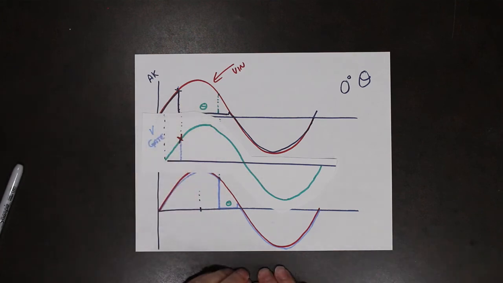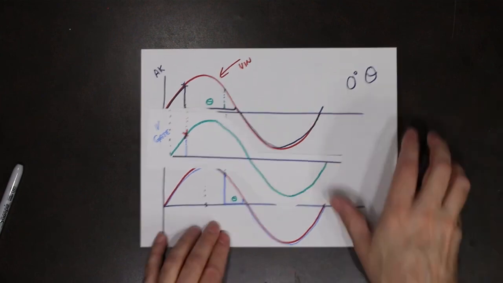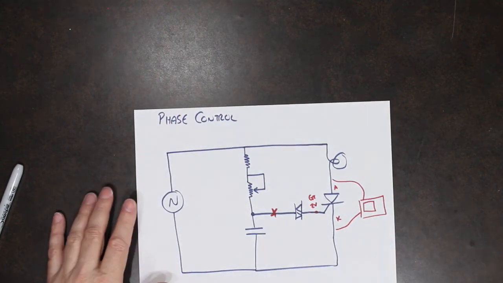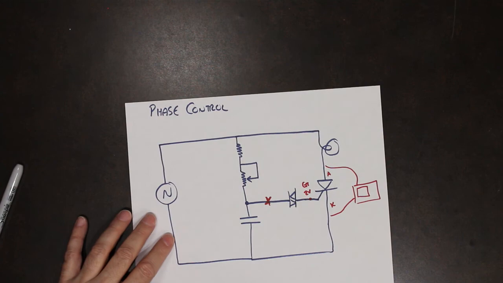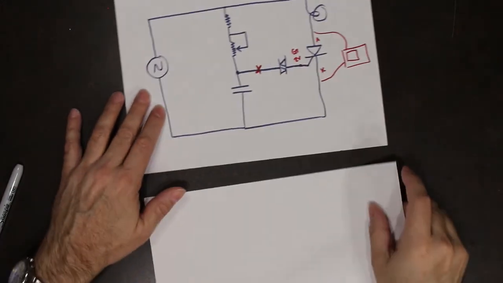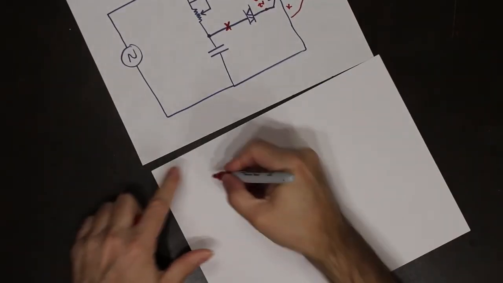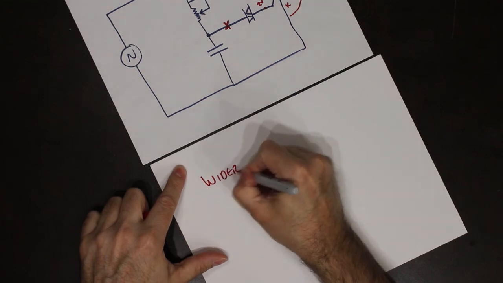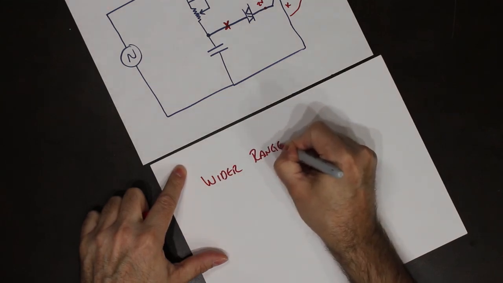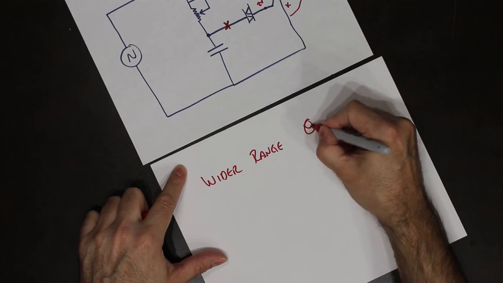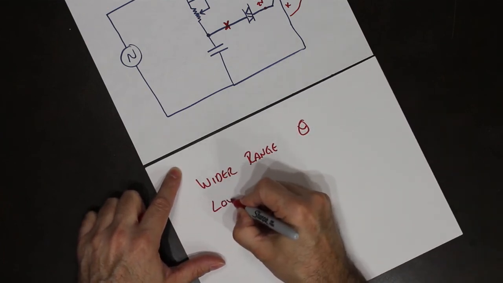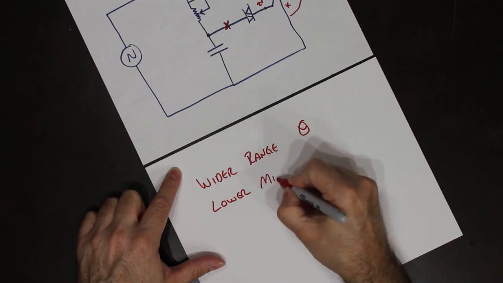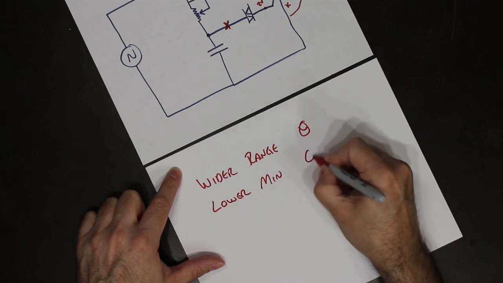So, in conclusion, phase control typically has a wider range of conduction angle and a lower minimum conduction angle.